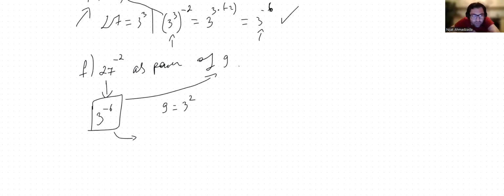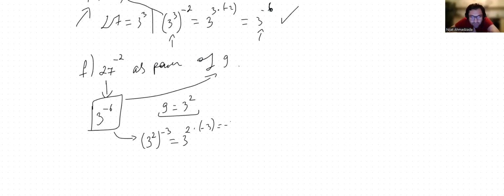Since 9 is 3 to the power of 2, I start with 3 to the power of 2, and in order to make it 3 to the power of negative 6, I write negative 3, because 2 times negative 3 gives me negative 6. This is the same thing as 3 to the power of 2 times negative 3, which is equal to negative 6.